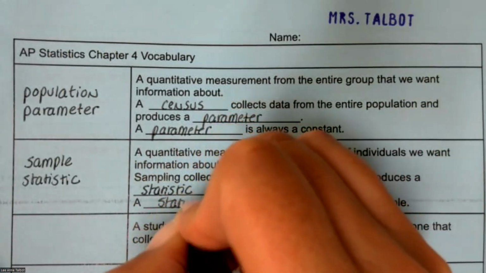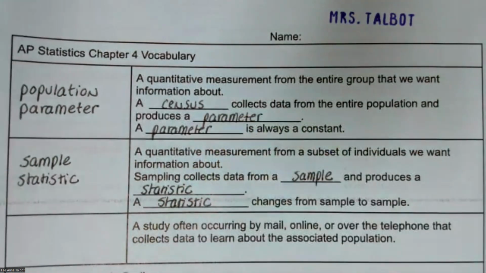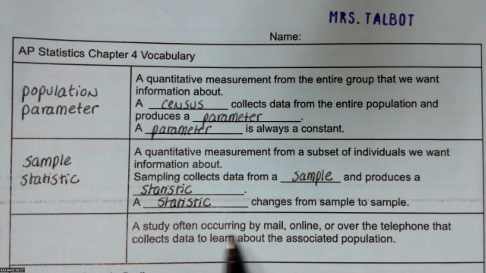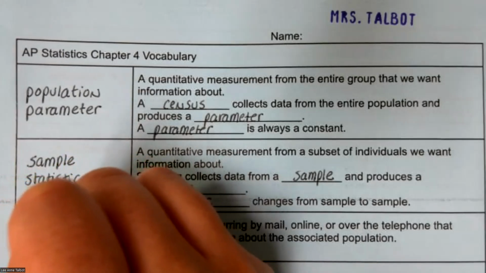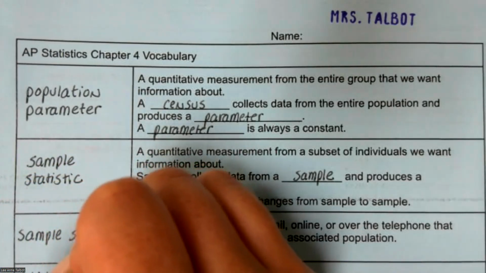A statistic changes from sample to sample. So if I ask 5 of you what your GPA is, and then I come back and ask a different 5 of you, that's going to be a different average. Does that make sense? Any questions so far? A study often occurring by mail, online, or over the telephone that collects data to learn about the associated population. That's called a sample survey.